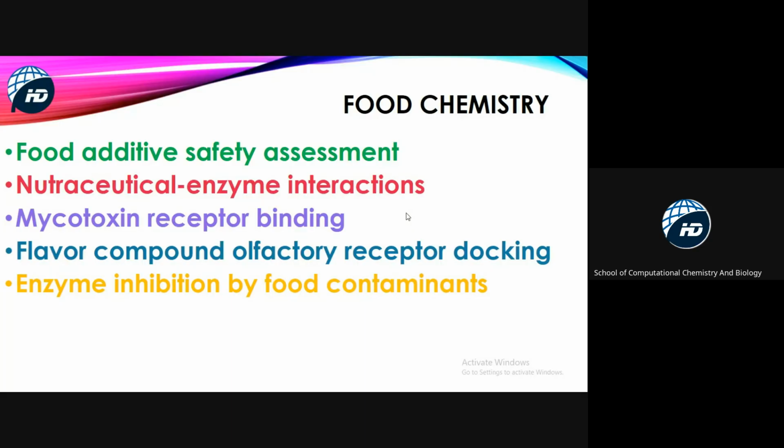In food chemistry, you can use it for food additive safety assessment and nutraceutical enzyme interactions. I did a work and presented it at UNESCO, UNN, where we used okra, the one they call actinocon.